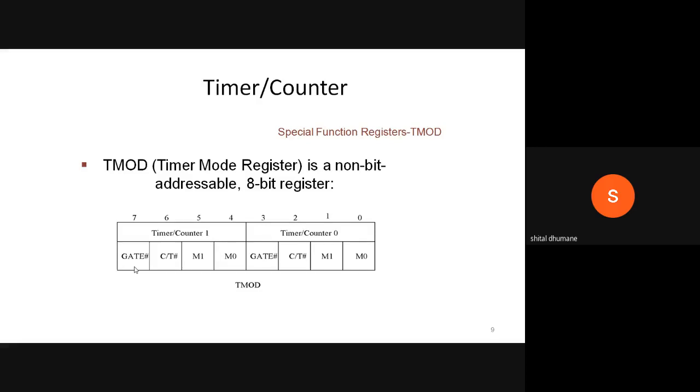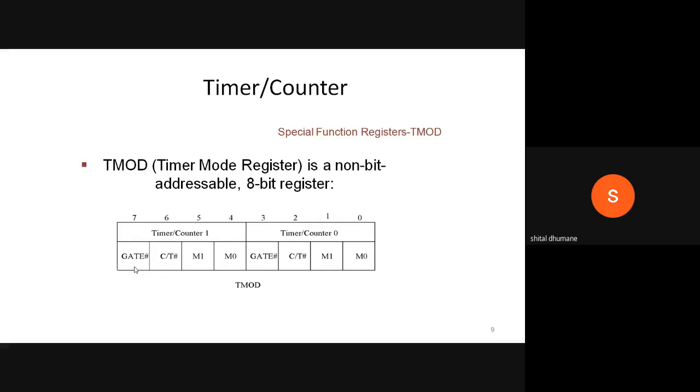If you clear it, your timer will stop. So this is the software way. Generally, we use this in programming, because whenever you write a program for the timer, we have to start and stop the timer. So that is the software way we are using.